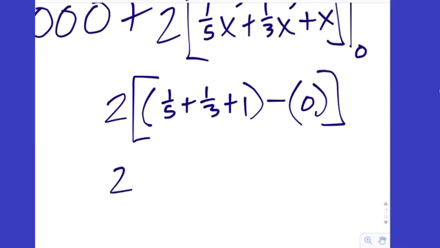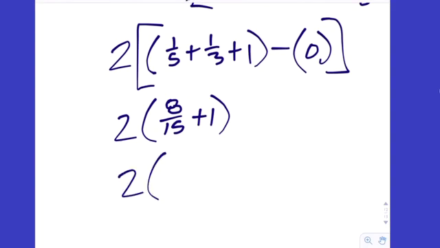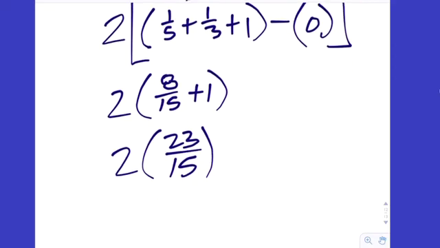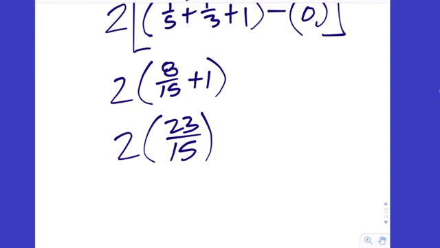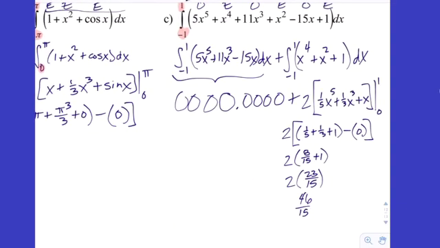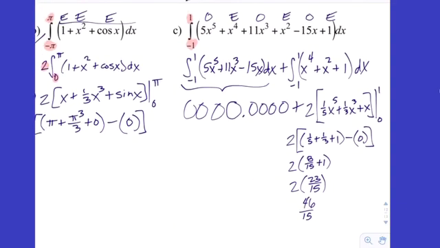A fifth plus a third is 8/15 plus 1. 1 is the same as 15/15, so you get 23/15. Now, instead of calling that 23 over 7.5, because we don't like to have fractions and decimals, we'll just call it 46/15. It wasn't required, it was optional, but it lightened the load a little bit, right?